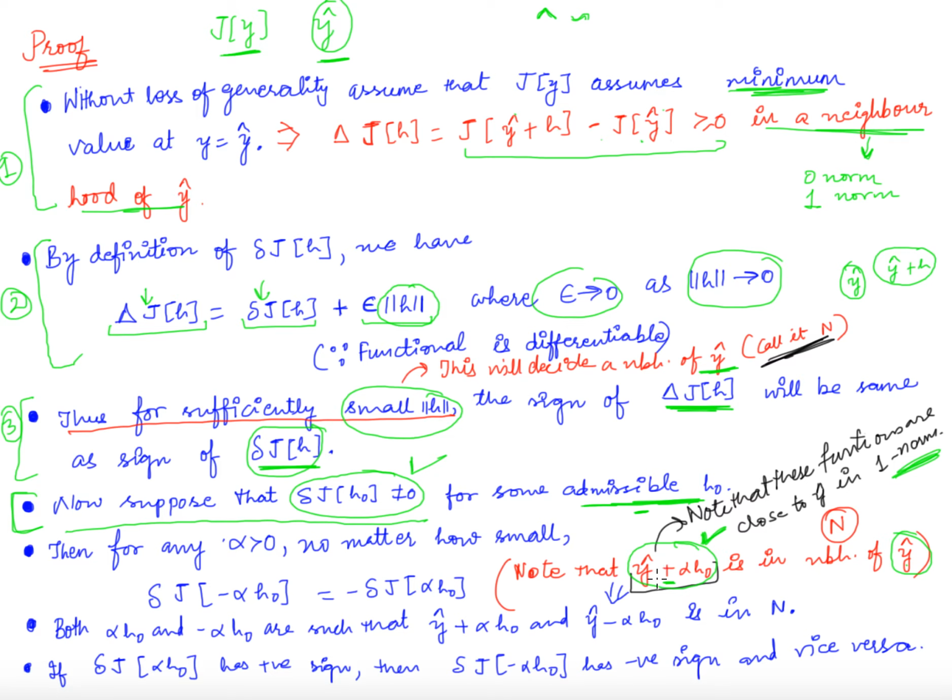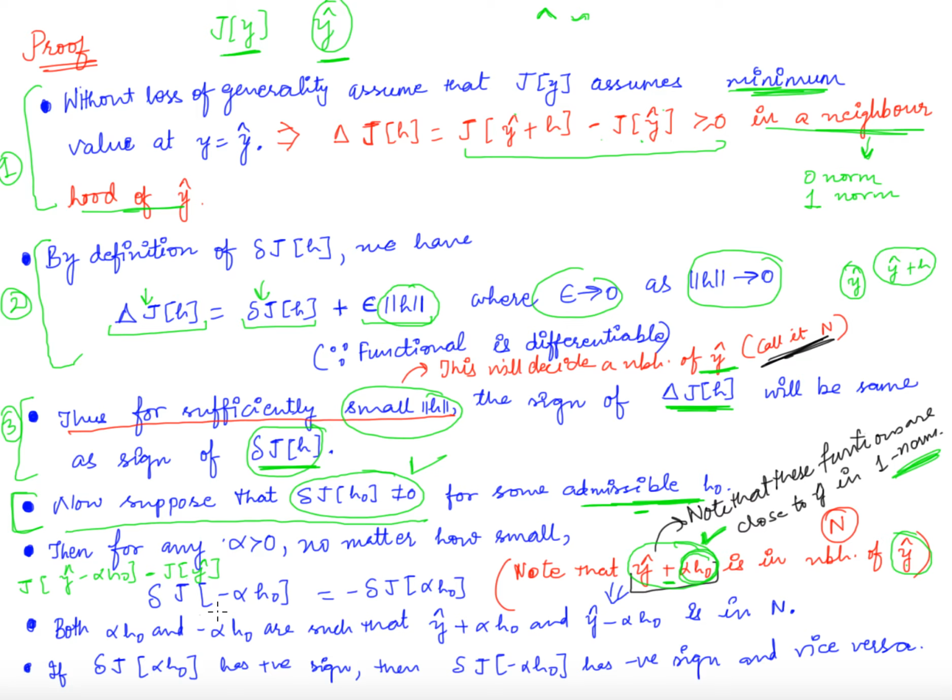For this particular function y hat plus alpha h naught, what will be my variation? Instead of h, we have the increment alpha h naught. So we have delta J at y hat minus alpha h naught minus J at y hat.